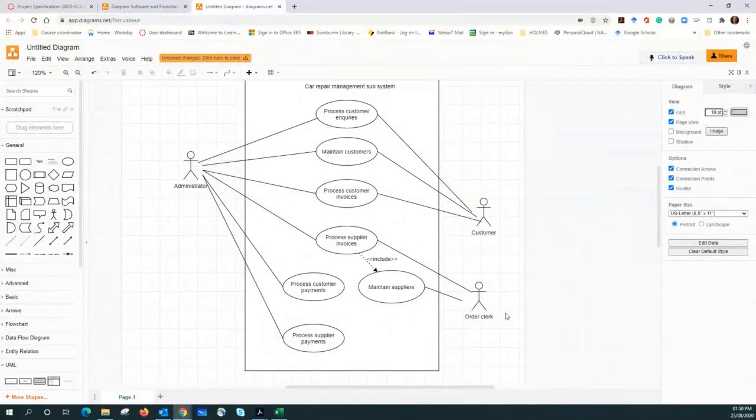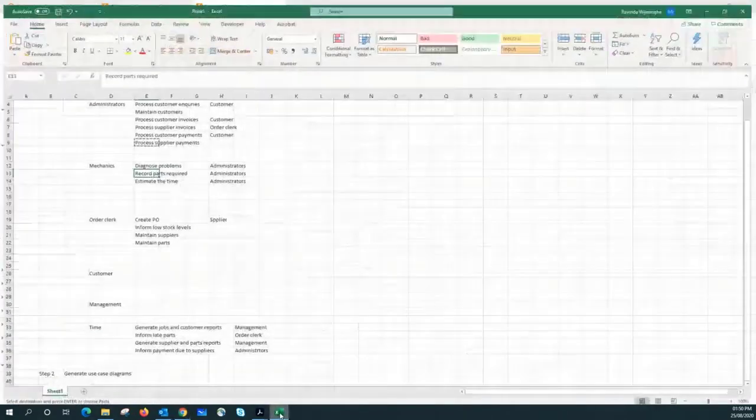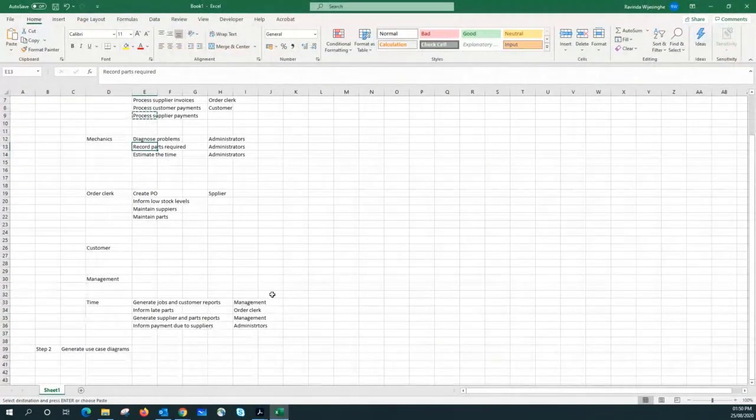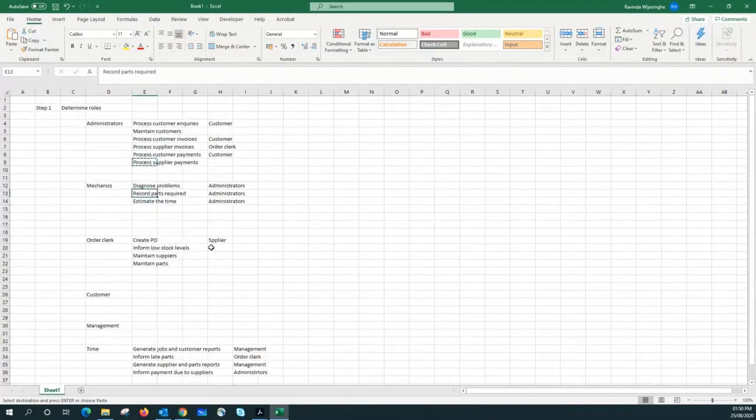So there's no actually proper extend here. Maybe we can think about something. Process customer inquiries, maintain customers process. Let me think about something relevant.